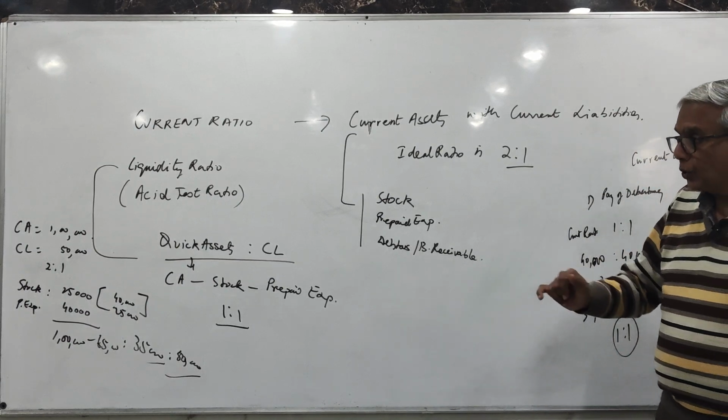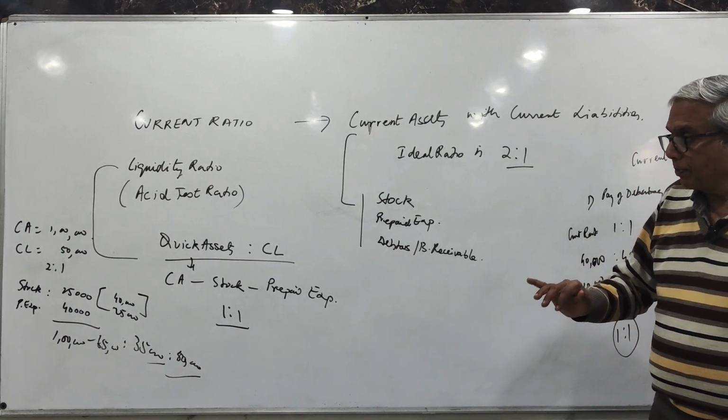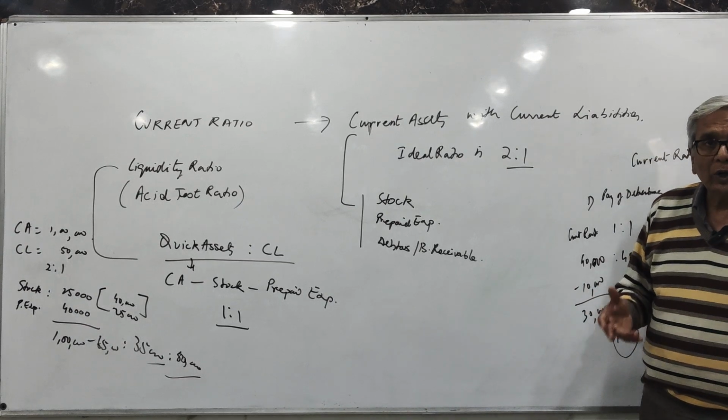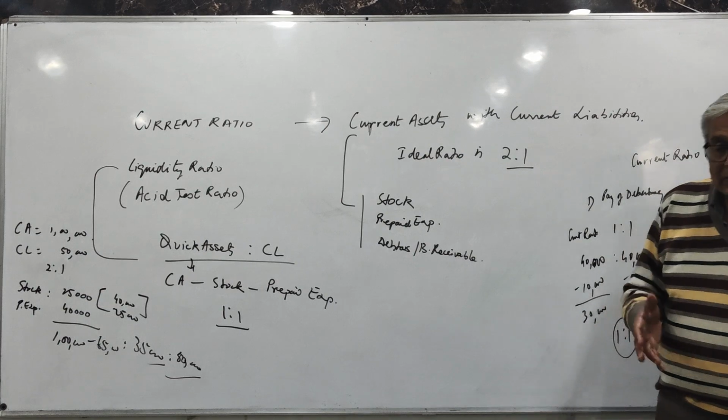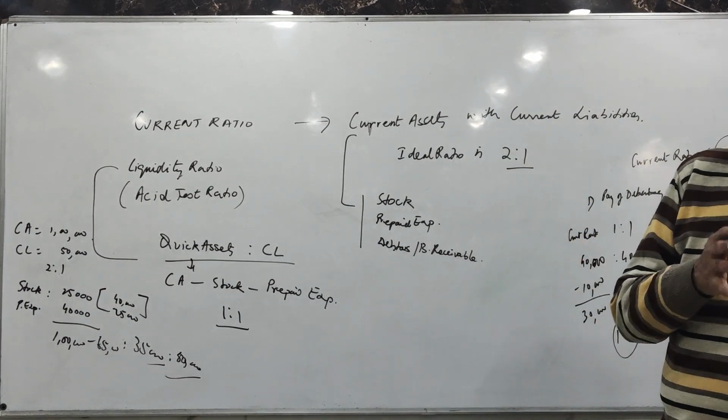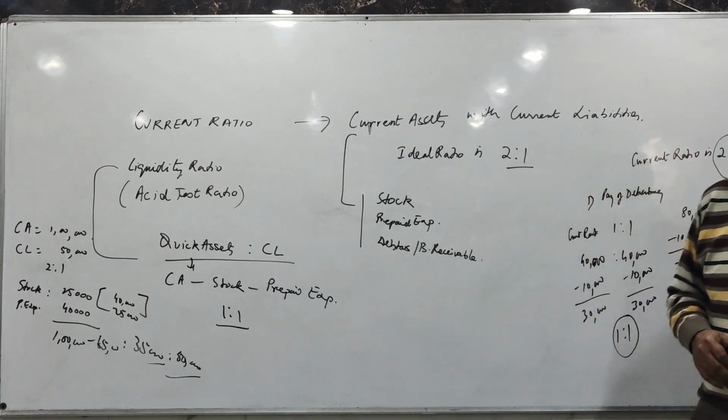This will clearly show you that you have more of stock and prepaid expenses in your current assets. So that clearly indicates that the short-term solvency position is not satisfactory.